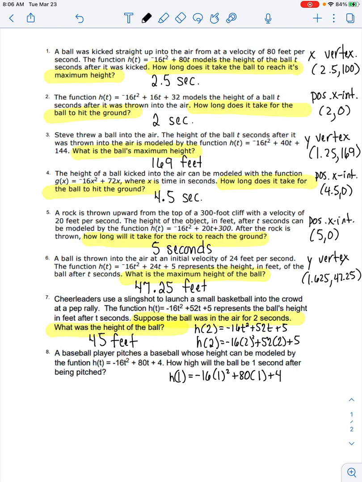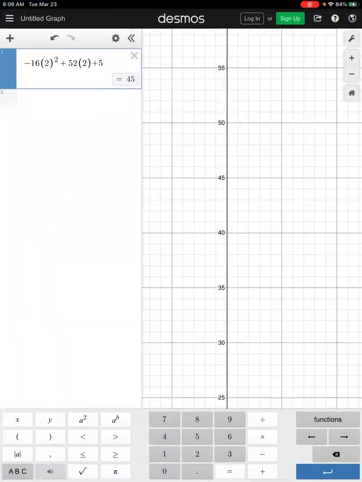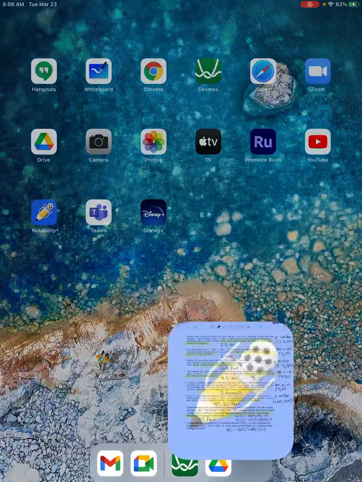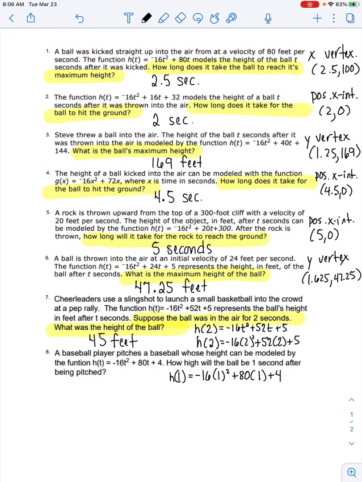Again, you can work this by hand or you can type it in to your calculator. So negative 16 times 1 squared plus 80 times 1 plus 4 tells us that after 1 second, this will reach a height of 68 feet.